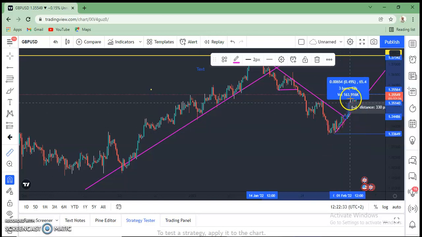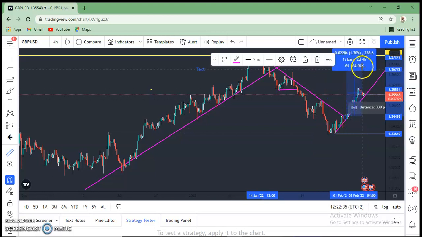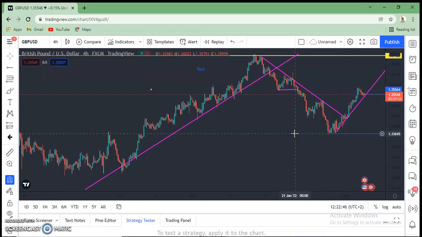And then your take profit can be up here, or according to your analysis here, which will be 100 pips. So that is how we use pips to calculate market movement and to know how the market has moved.